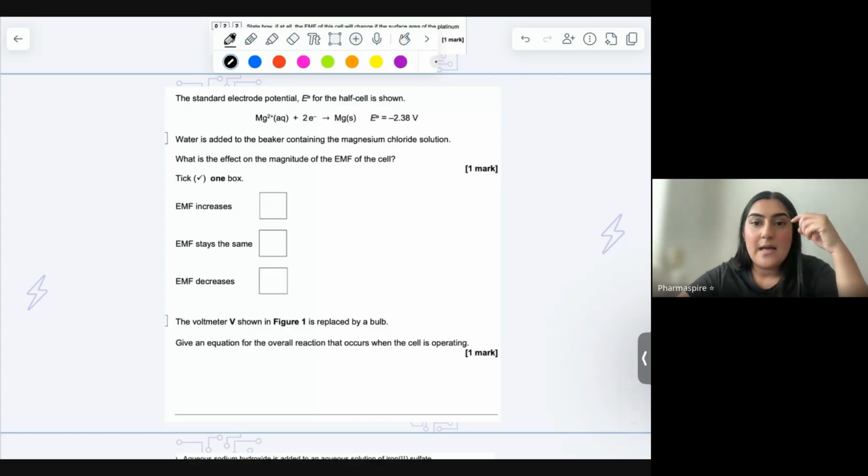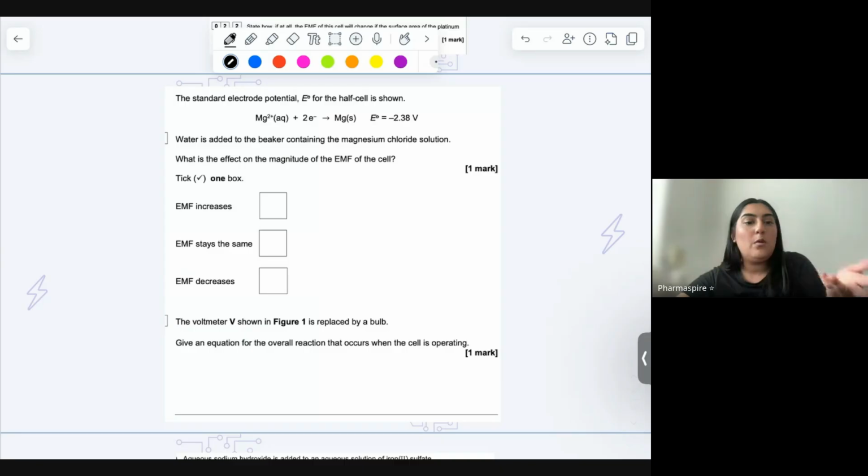So for the half cell, if you lower the Mg2+ concentration, your electrode potential is going to be more negative. That's what you need to think of. Because it's more negative, lower EMF. Everyone happy with that?